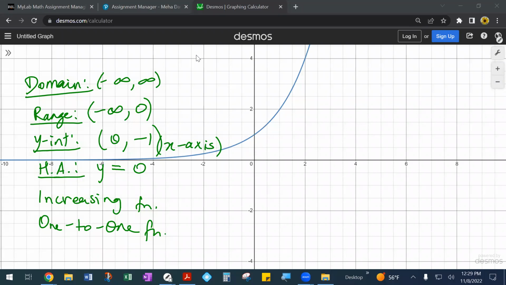So what is the behavior of your function as your x is going to negative infinity? What is our function doing? As your x is going to negative infinity, where is your y headed?